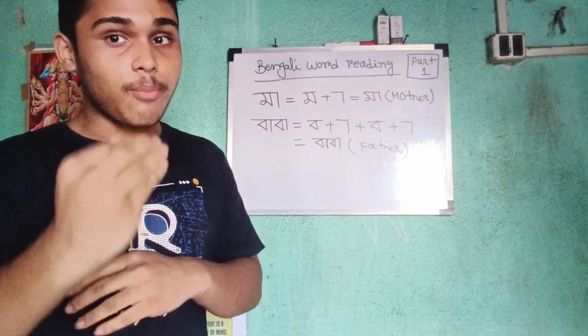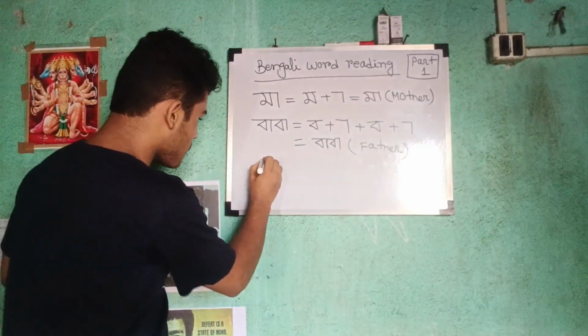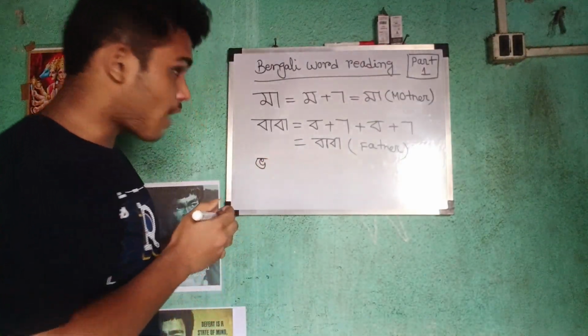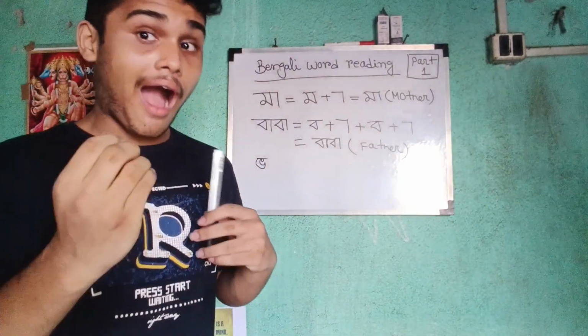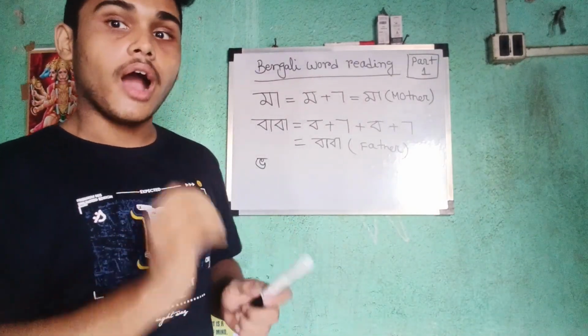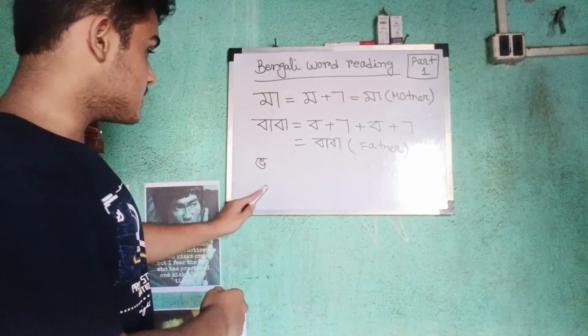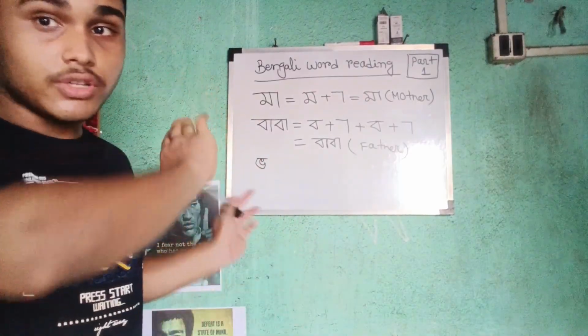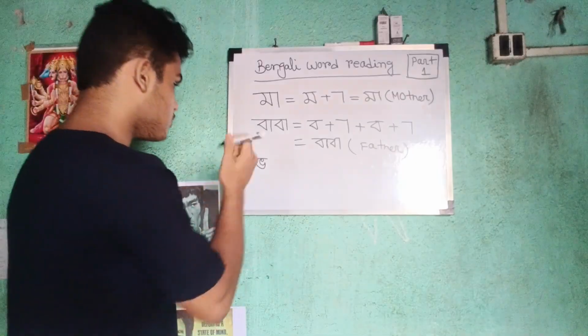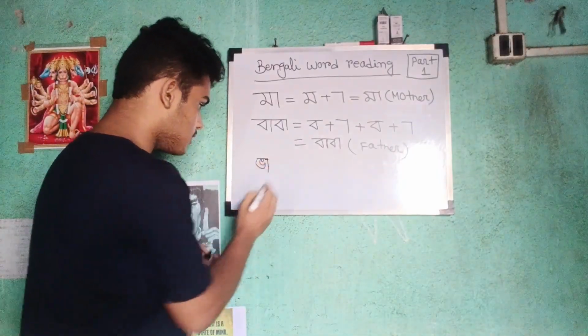First we have to write bho. To write bhai, we have bho a. Bha. So how can we write a? We have the vowel sign because this is after the consonant, not before the consonant.